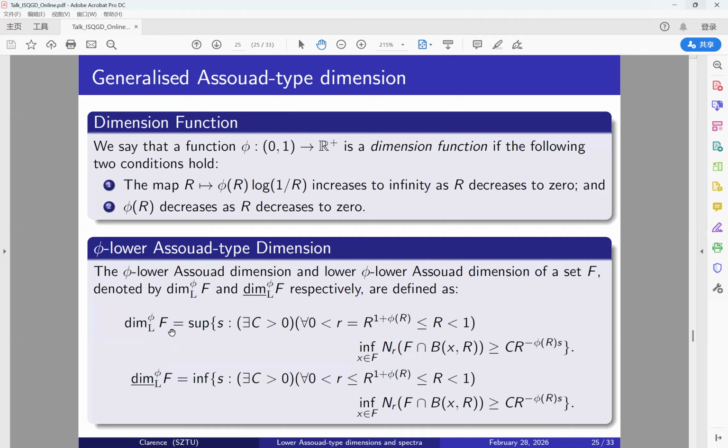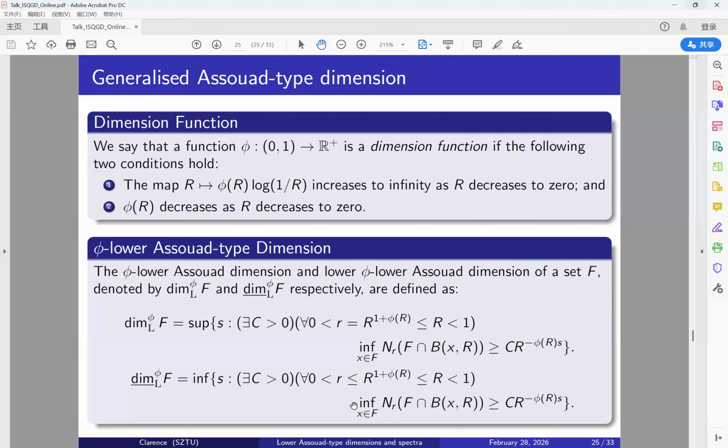As for the phi lower dimension, it means the supremum of s such that there is a constant C such that for any small r, which strictly equals capital R to the 1 plus phi, and smaller than the capital R, the lower bound of the ball covers can be controlled by R to the phi here.